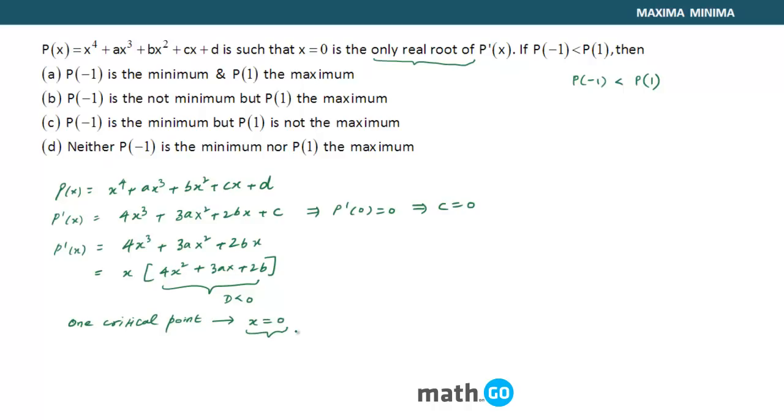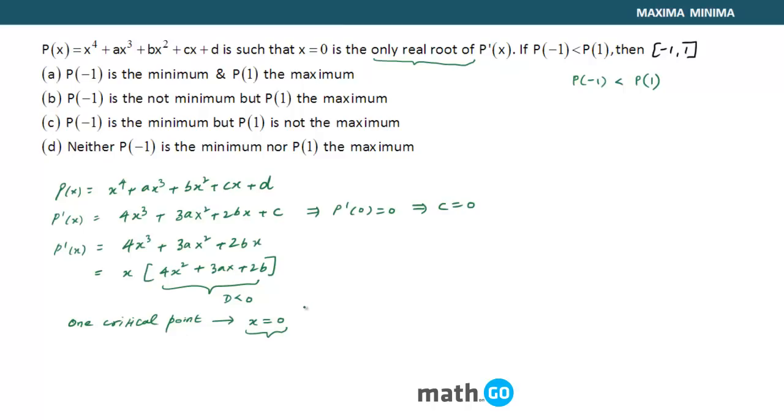Just add one more thing here: this equation is for x in [-1, 1], not for x belonging to R, so the domain of x is given to be this.